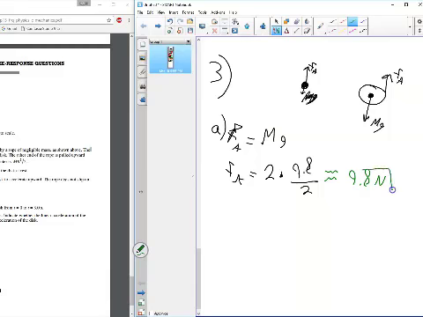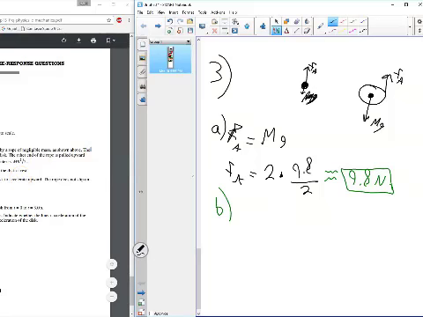And make sure you include units. That's always important. But I think they still accept 10 meters per second squared or 10 newtons for this answer. But just to be safe, you might want to do that. And it's still green, but I really don't care.